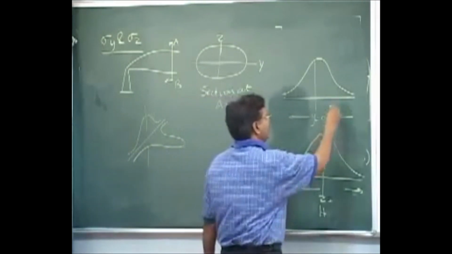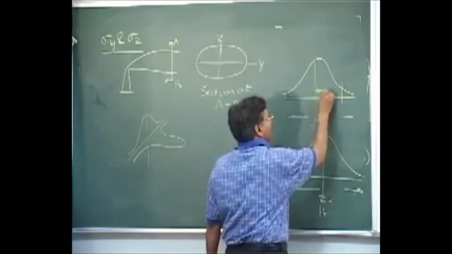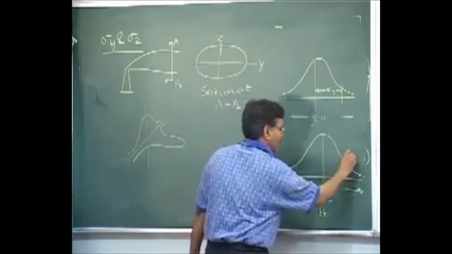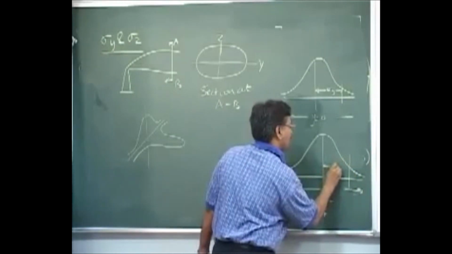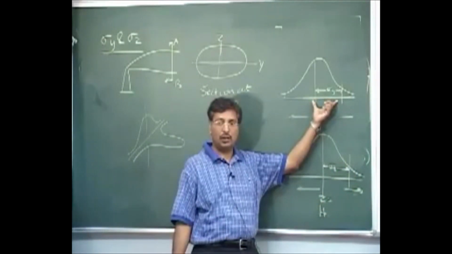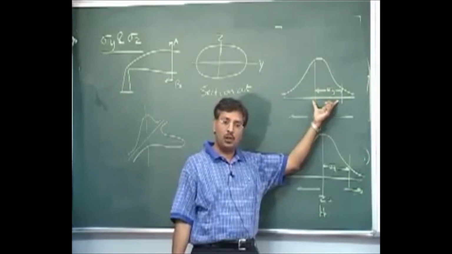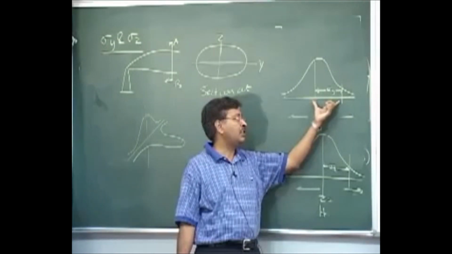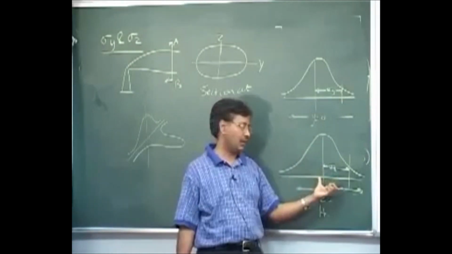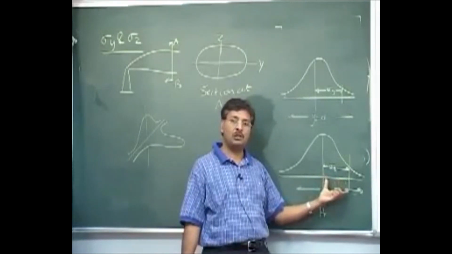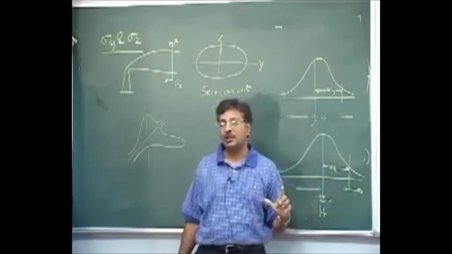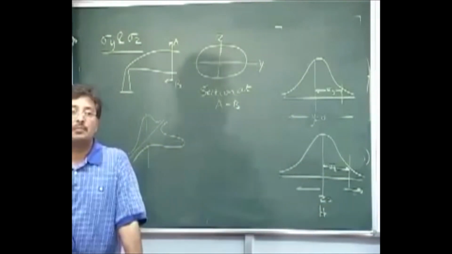Wherever is a distance where you get this as 1 sigma Y, 1 standard deviation, this distance where concentration is equal to 1 sigma Y is called sigma Y. The distance when concentration is equal to 1 sigma Z, that distance is called sigma Z. And remember that sigma Y and sigma Z are not the concentration but the distances.